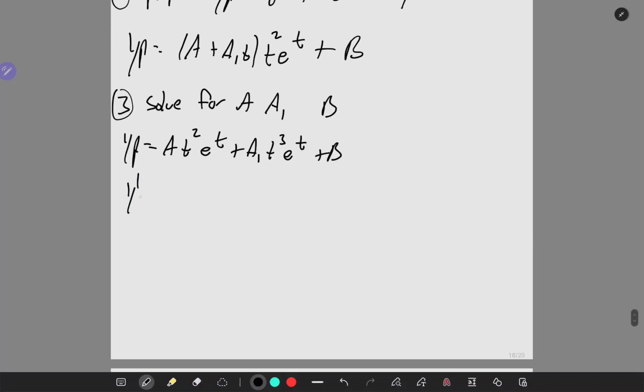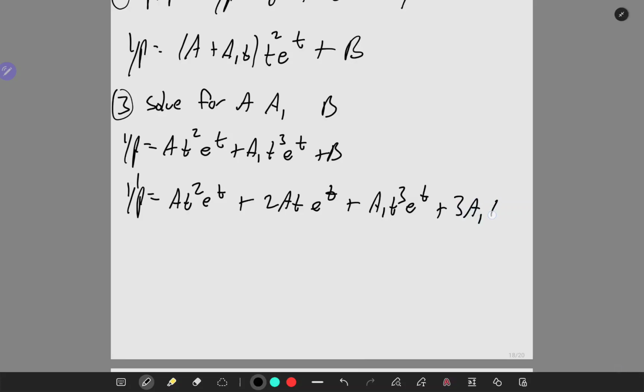Take the first derivative. A t squared e to the t plus 2at e to the t plus a1 t cubed e to the t plus 3a1 t squared e to the t. And that's it. That b just becomes 0.